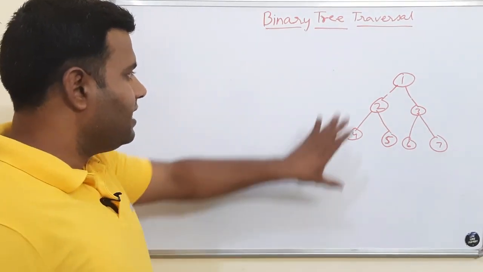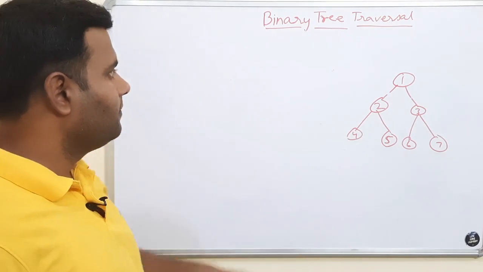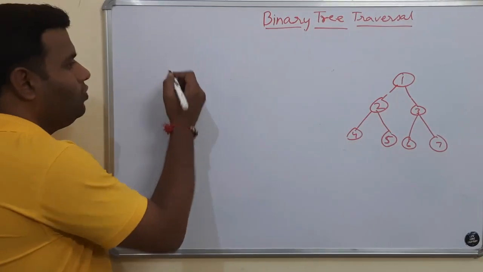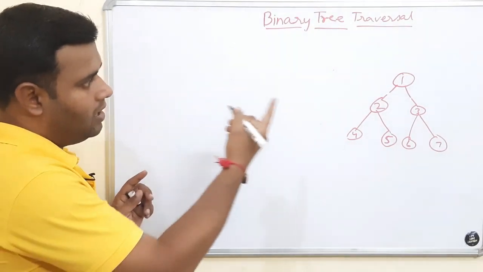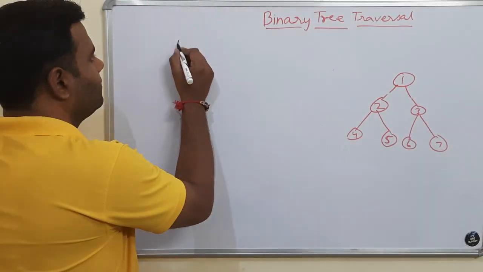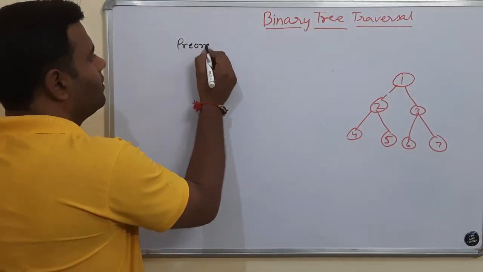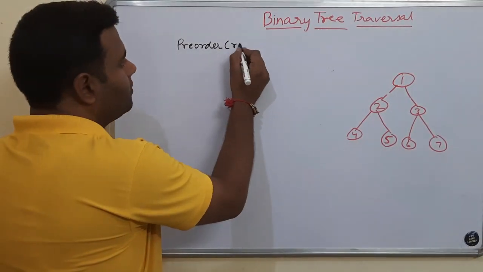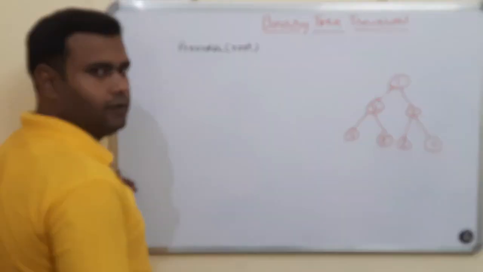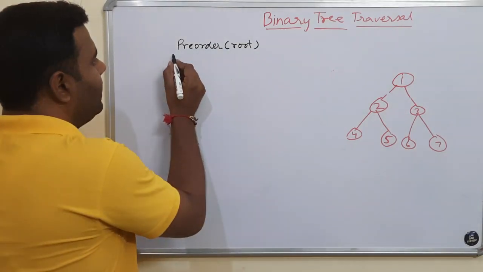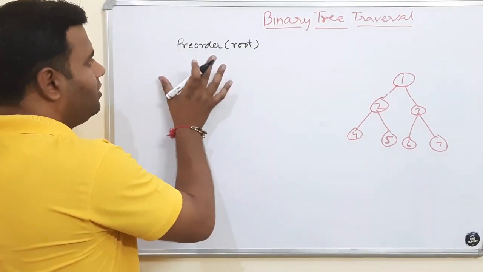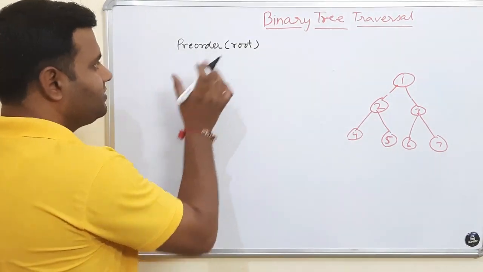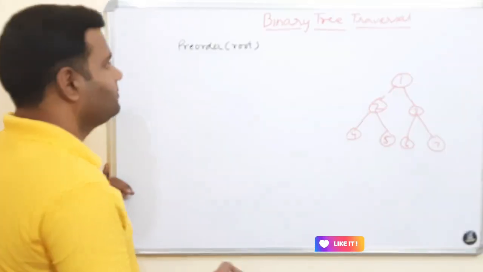So on this tree we have to write a preorder traversal, and it will take its root as an argument. This is pseudocode, so I am not worried about the syntax. Just focus on the steps.